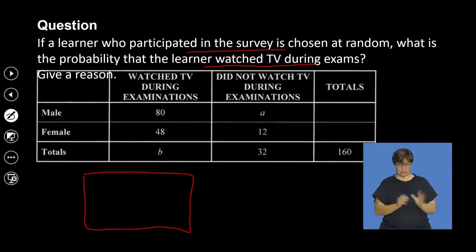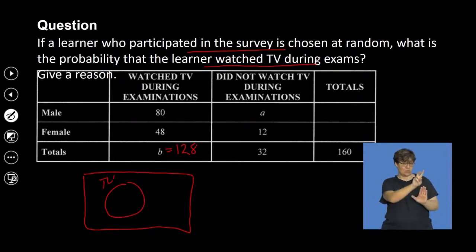If we do that, we'd recognize that in the number B, we had 128 of them. So these are the TV, and this is the ones that did no TV.